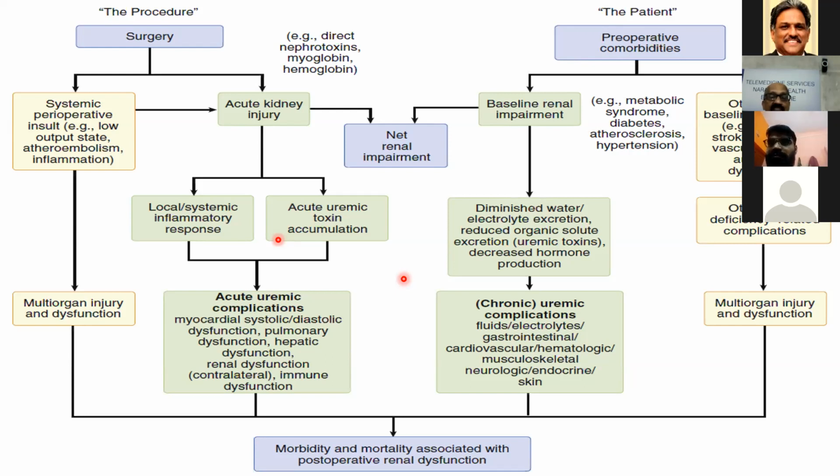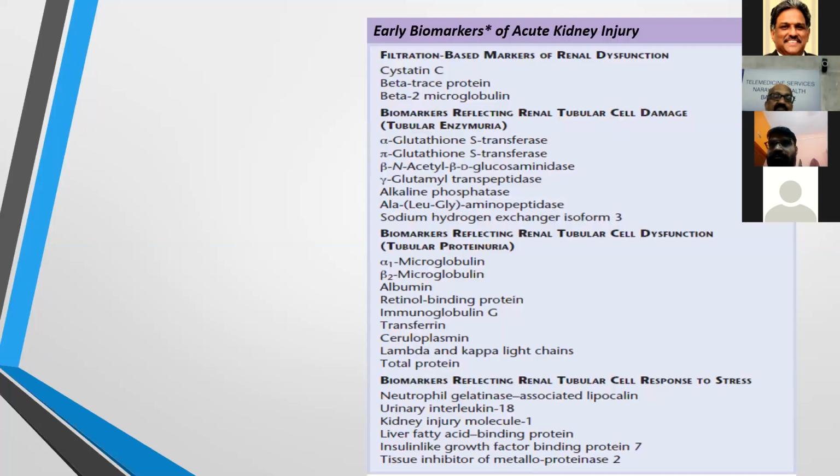So these factors are being investigated, and we are involved in a large study with the ICMR group to detect the predictors of acute kidney injury in terms of the genetic makeup of a given particular person.